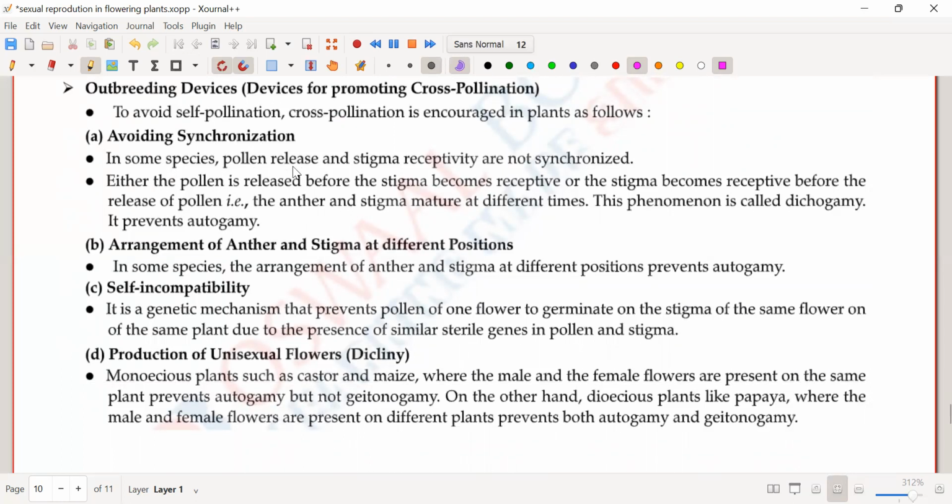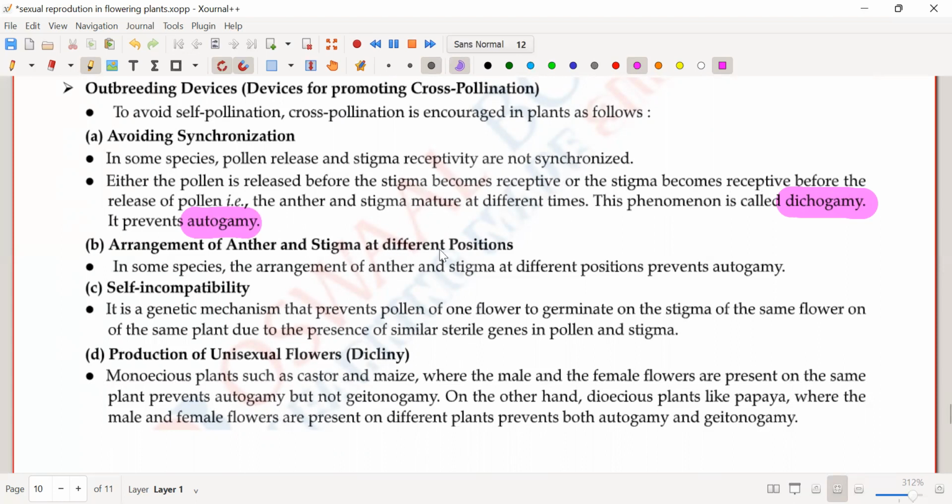In some species, pollen release and stigma receptivity are not synchronized. Either the pollen is released before the stigma becomes receptive, or the stigma becomes receptive before the release of pollen. The anther and stigma mature at different times. This phenomenon is known as dichogamy. It prevents autogamy, that is, pollination in the same flower.